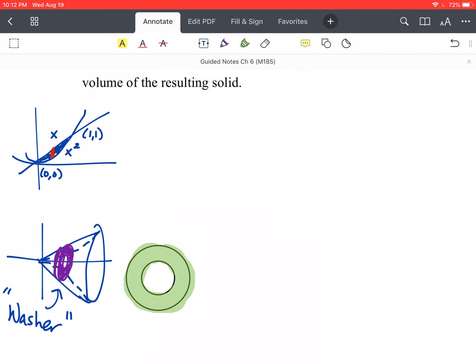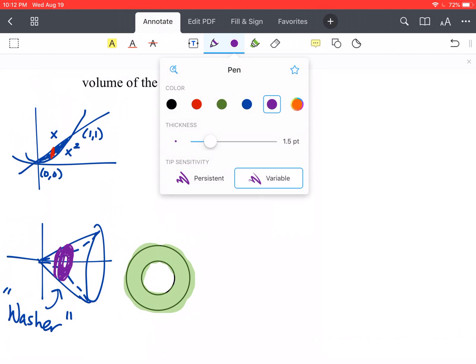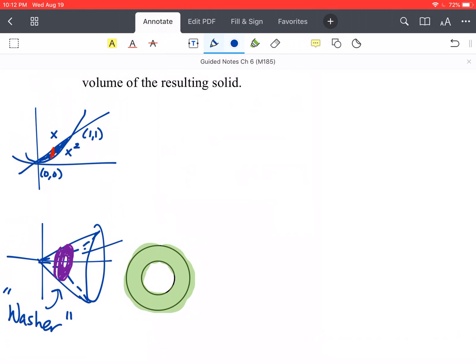That's the part that we're looking at in this washer that we need. And we need to find the area as a function of x in this case, so that we can then get the volume.